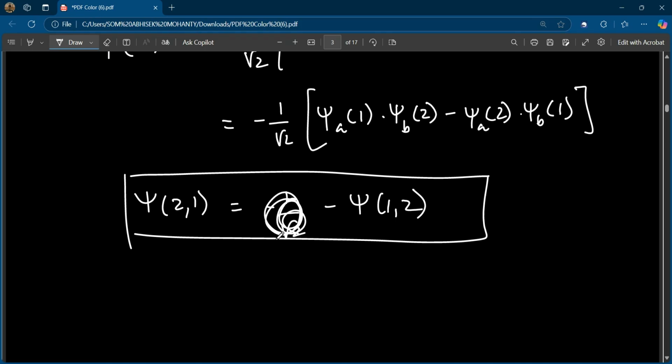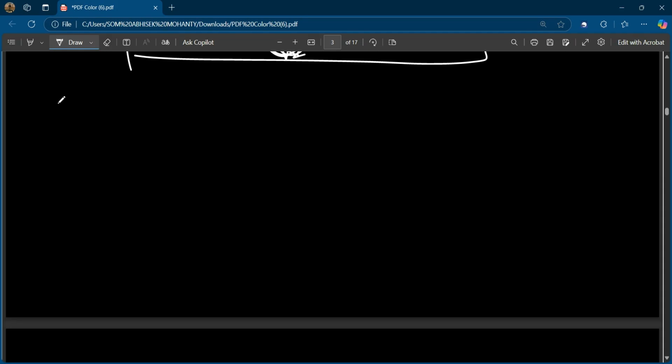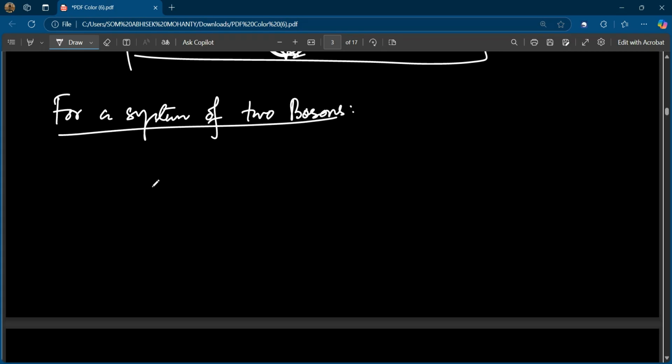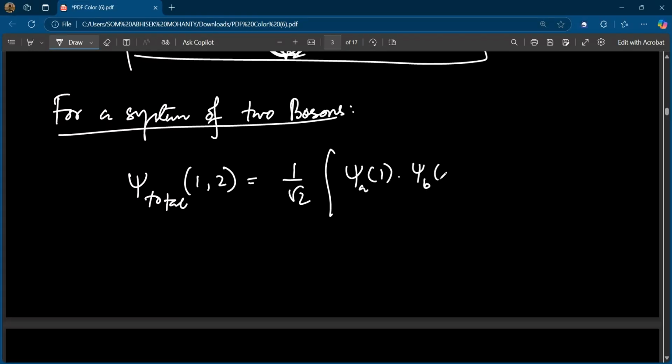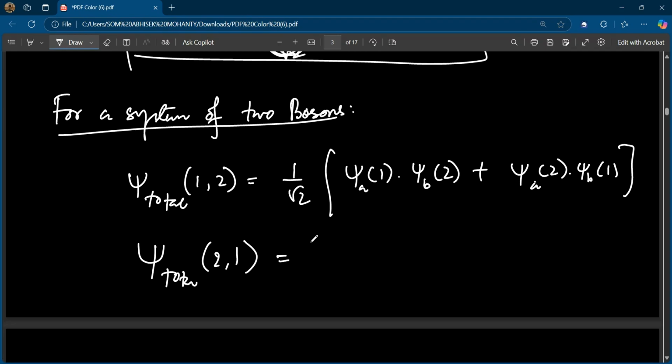Let's check for bosons, a system of two bosons. Here psi total will be symmetric. So psi total 1 2 is 1 by root 2, and here we don't have a negative sign in between; we have a positive sign, plus psi a2 psi b1. If I interchange the labels, I'll get the same thing, because there is no negative here.